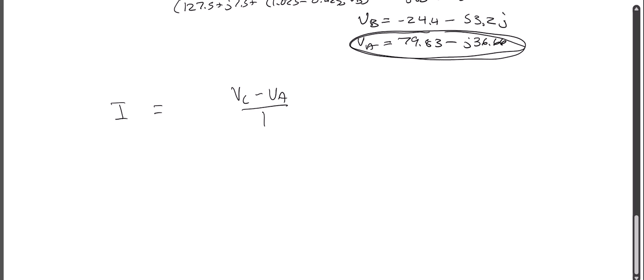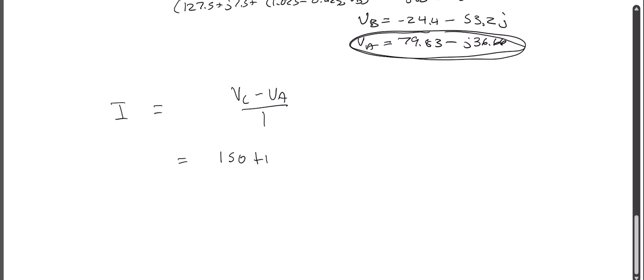That's what I equals. And VC was 150 plus VB.